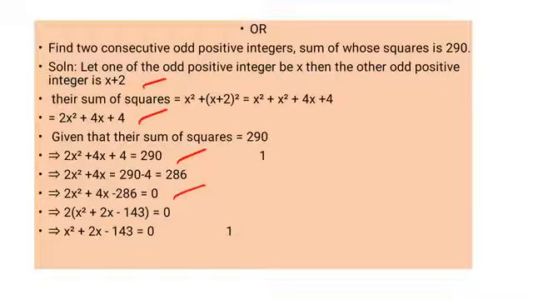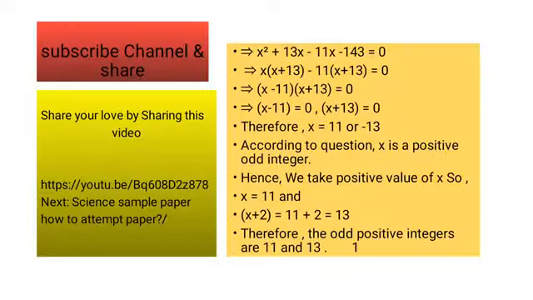On solving, x square plus 2x minus 143, and finally we get x is equal to 11 or minus 13. According to the question, x is a positive odd integer, hence we take the positive value, so x is equal to 11 and x plus 2 is equal to 13. Therefore, the odd positive integers are 11 and 13.